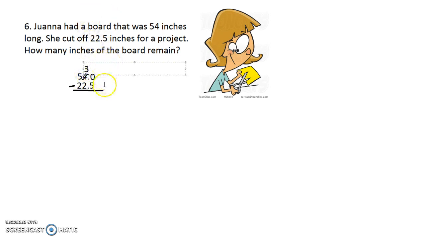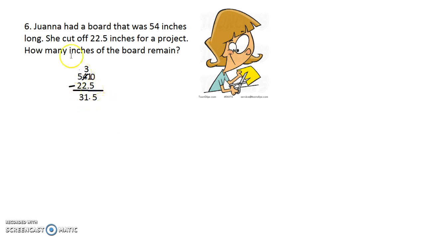And he becomes 3. And this becomes 10, right? And 10 minus 5 equals 5. My decimal's right here, so I'm going to bring it right down. 3 minus 2 equals 1. 5 minus 2 equals 3.